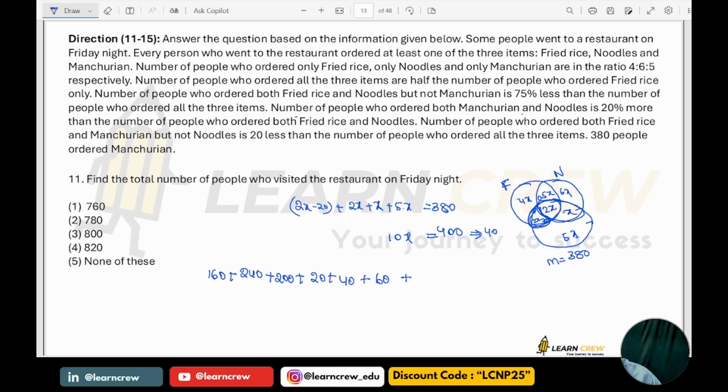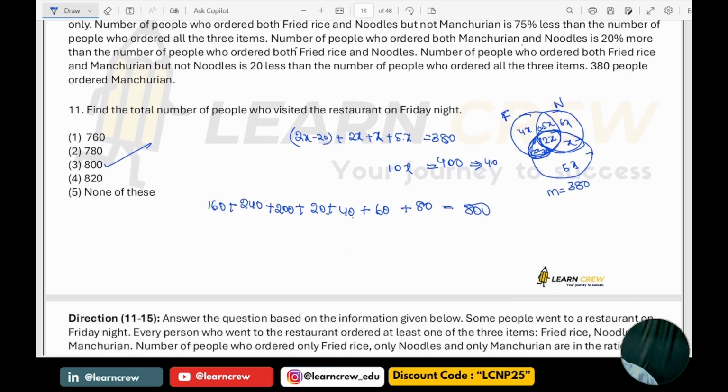Plus again 2x, which is 80. The total: 400 plus 200, 600. 600 plus 100, 700. 700 plus 100, 800. So the answer is 800. First question answer is 800.